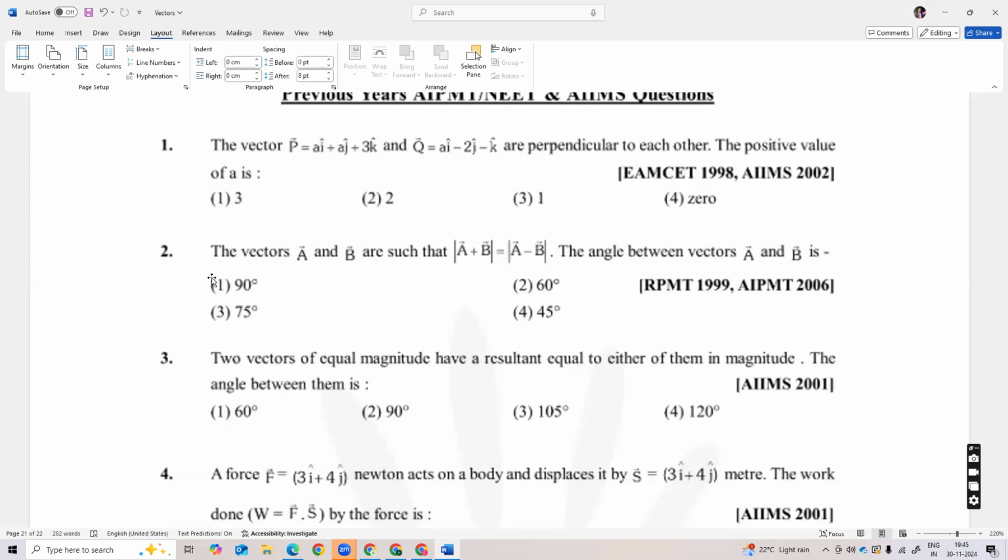Let's come to the second question. The vectors a and b are such that mod of a plus b is equal to mod of a minus b. The angle between a and b is?